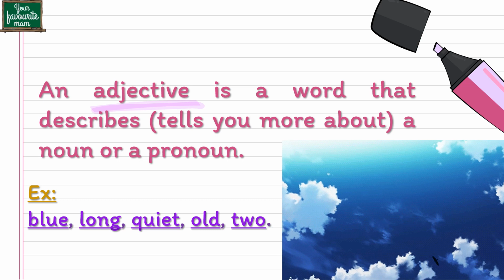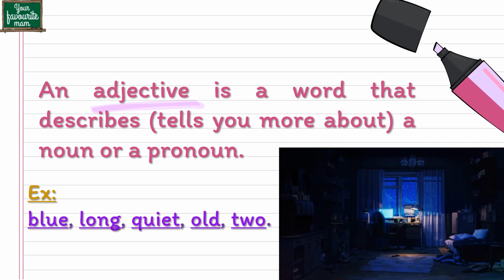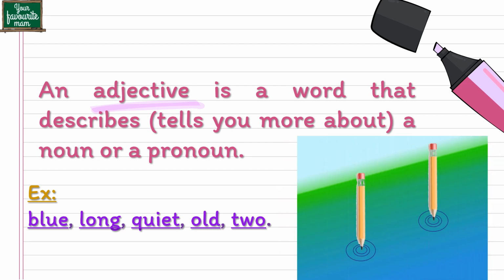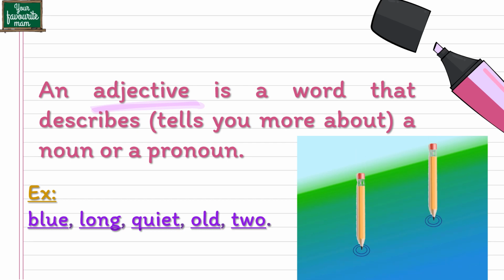So blue is an adjective here. Similarly, long queue, a quiet room, an old lady, or two pencils. All these words, blue, long, quiet, old, and two, are describing some nouns. So they are known as adjectives.